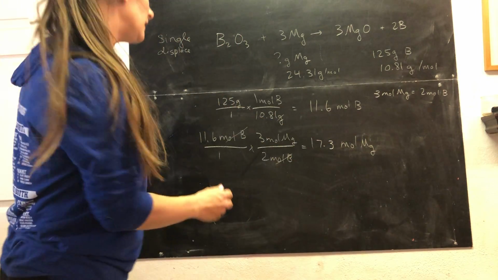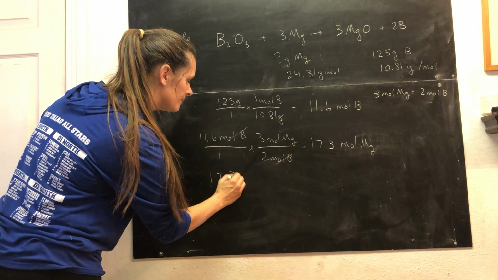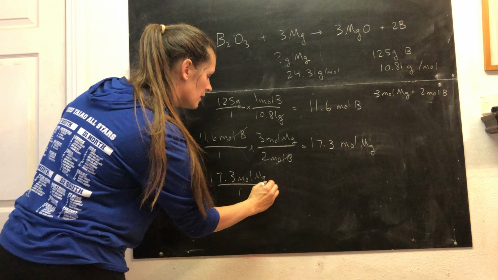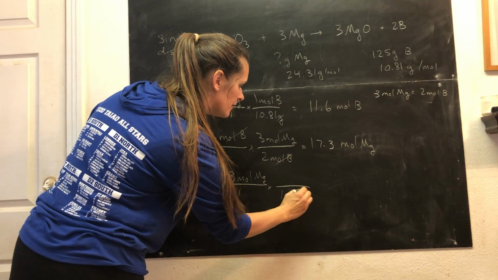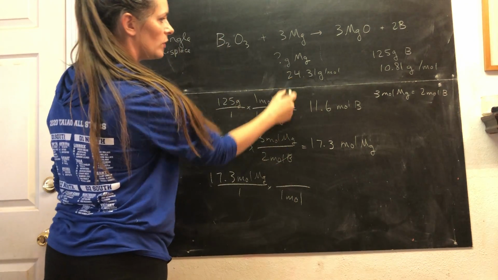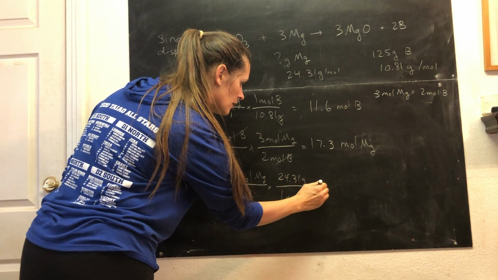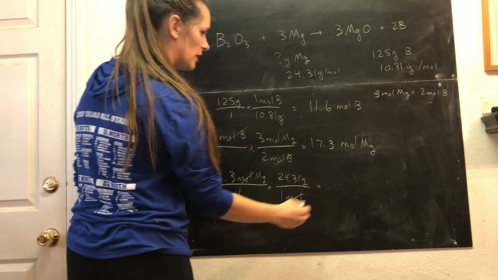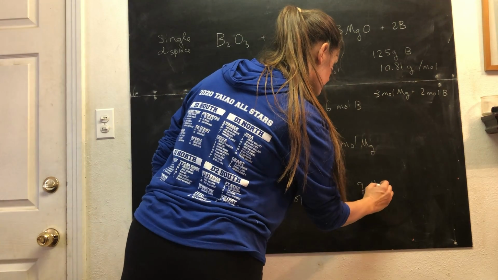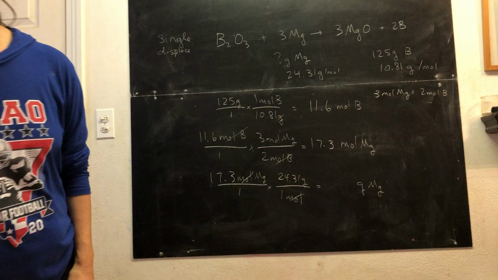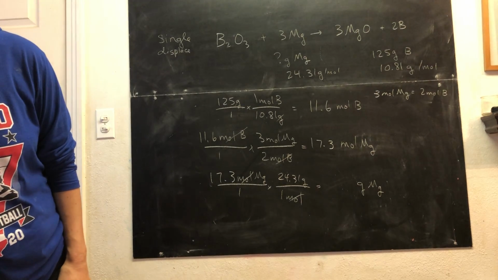So now I have 17.3 moles magnesium, and I know that in 1 mole of magnesium, there's 24.31 grams. The moles cancel out, we're left with grams of magnesium. 17.3 times 24.31.